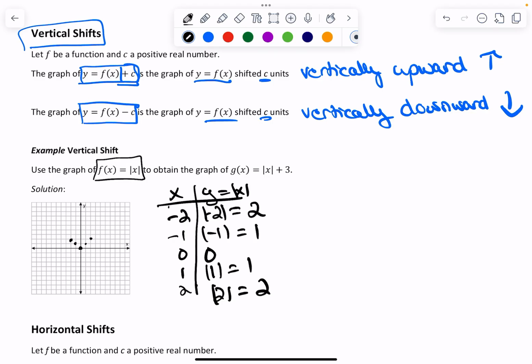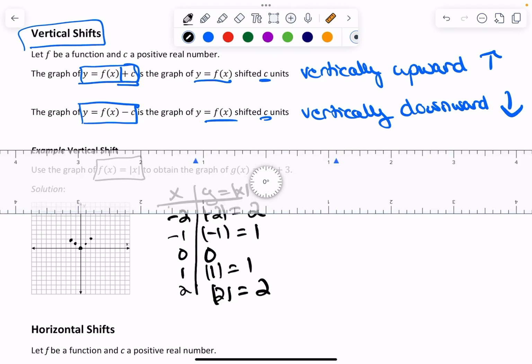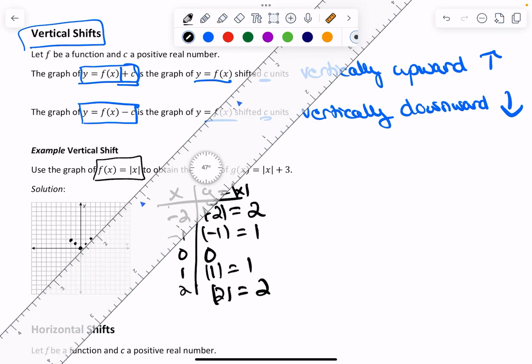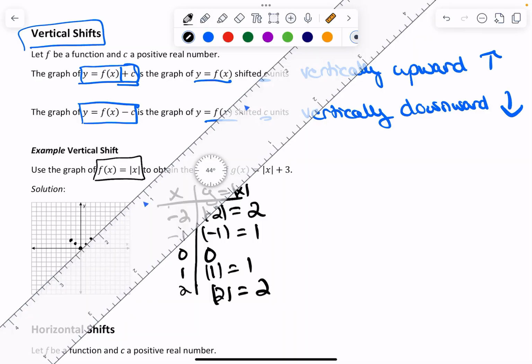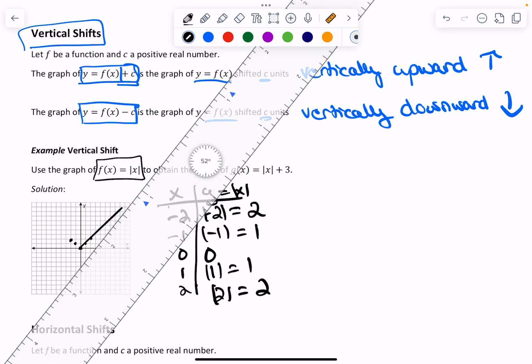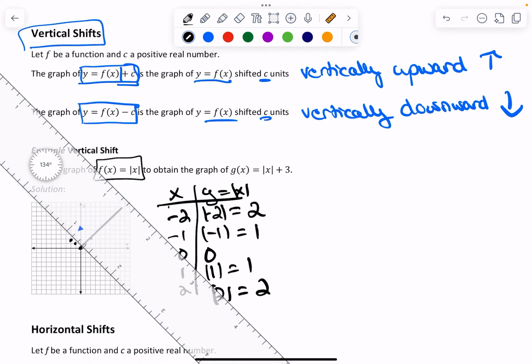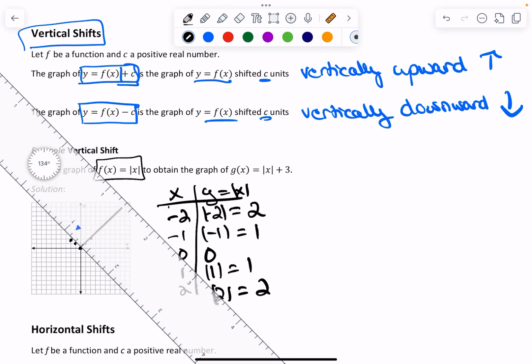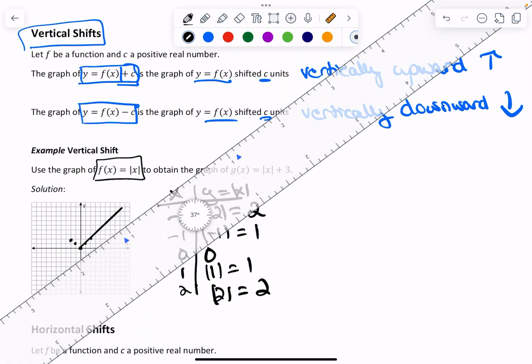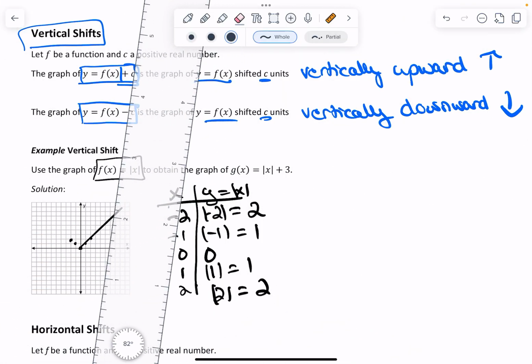There we go. Let me grab the ruler over here so that I can get somewhat of a straight line here. Where's my ruler? Oops, it went too far.